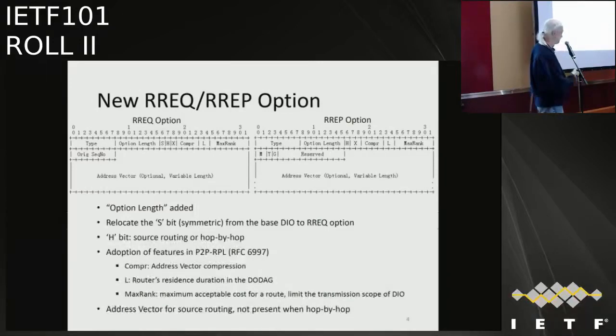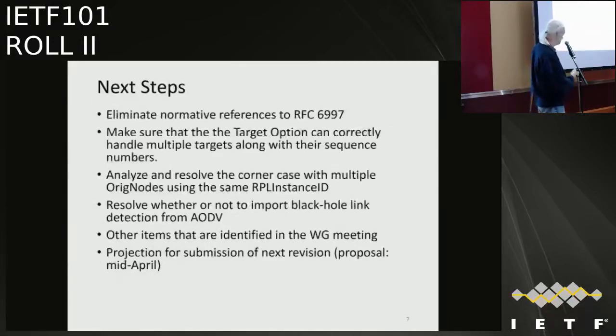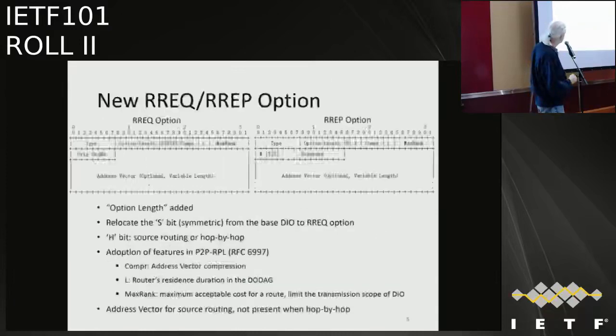So other features from, oops, I keep pushing the wrong button. How about that? So we also want to have this compression field and talk about how long the router can be existing in the DODAG, and then also allow for this max rank field.